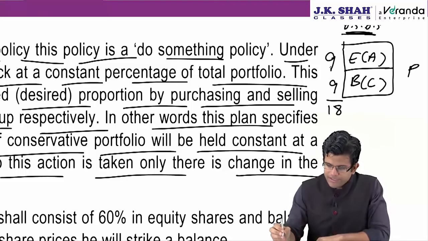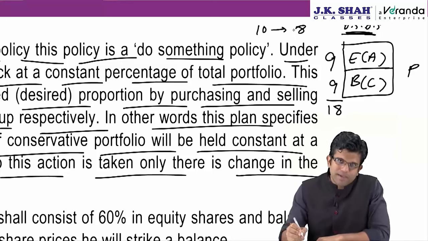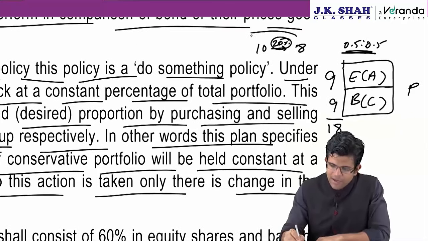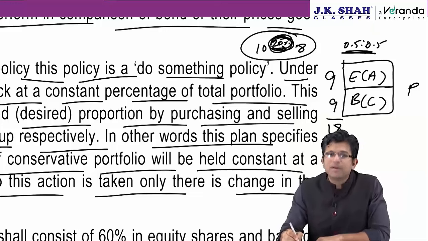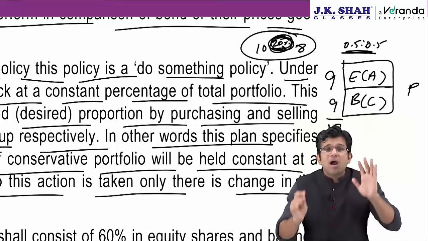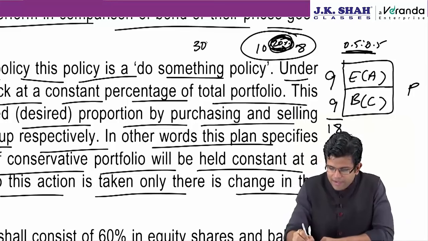Also students, do you see that your equity had gone down from 10 to 8, which means it had gone down by 20%, correct? Students, sometimes this particular policy says that this 20%, if it is not good enough, which means according to them, a good enough change, let's say is 30%.